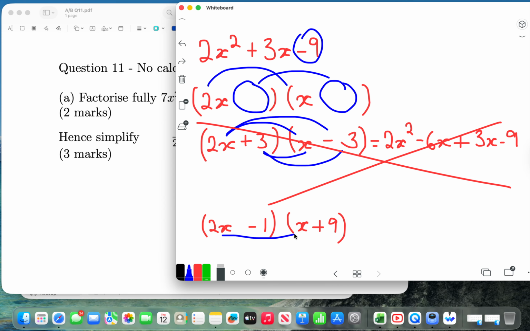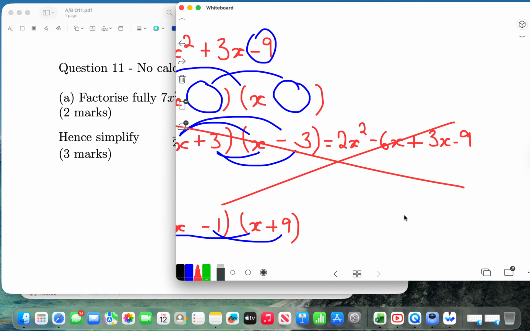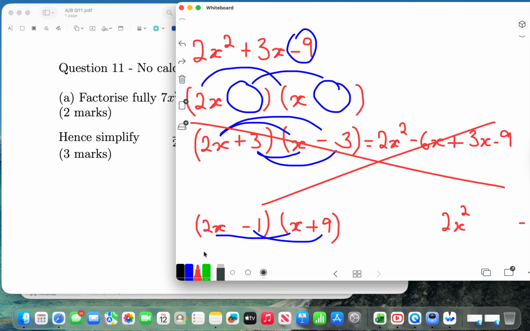Again, we get the 2x squared and we get the -9. 2x multiplied by 9 gives you 18x, and the -1 times x is -x, so 18x and -x is +17x.